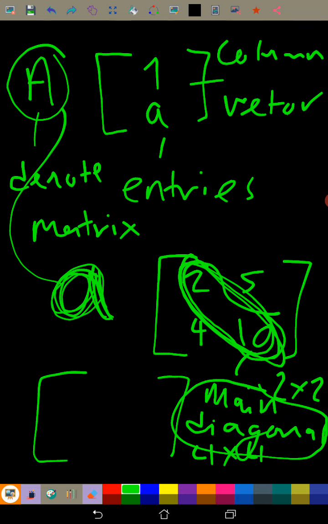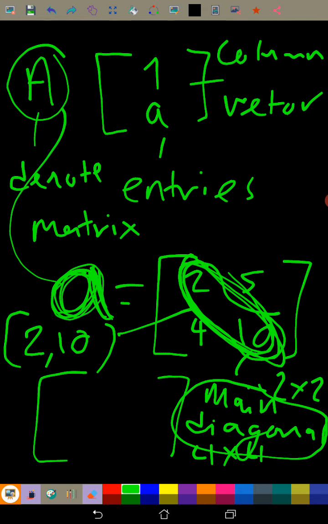We use the values in the main diagonal to solve things and so on. So the main diagonal of A, if that's a bold or capital letter, is 2, 10. These are things that you have to know before even starting with the arithmetic operations.